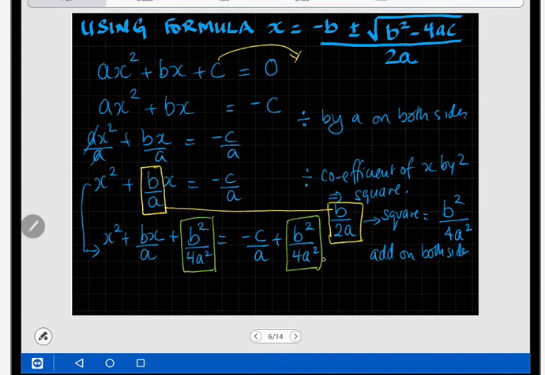So this is on both sides, and this is coming from this. Now I don't have space. What did we have? We had x squared plus bx over a plus b squared over 4a squared is equal to minus c over a plus b squared over 4a squared.